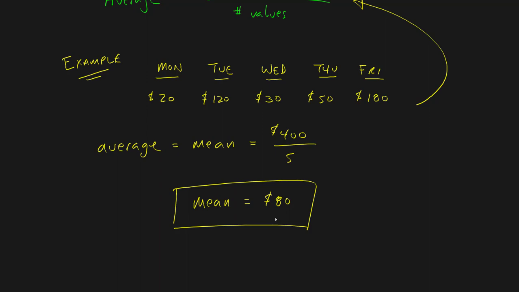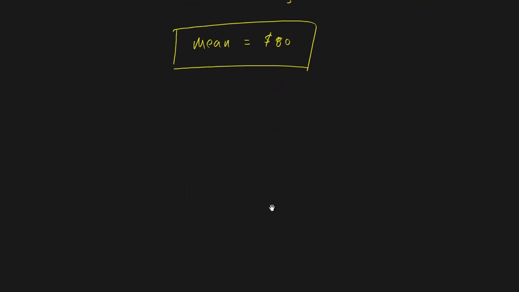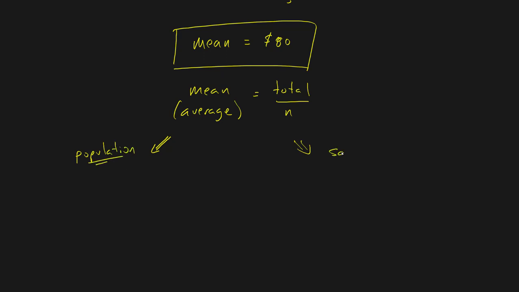There's only one more thing that I need to say before we're finished with introducing the mean, and that's that there's going to be two different versions of the formula. Now here I wrote out that the mean, or the average, is just equal to the total over the number of values that went into making up that total. But this is more formally written in two different ways, depending on whether your data is a population, or if you've measured the entire population, or just a sample.